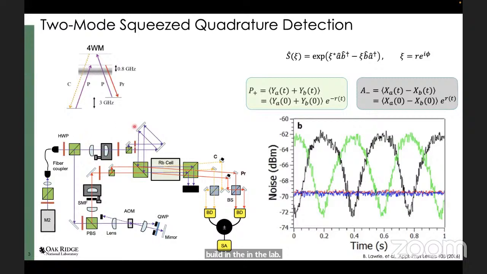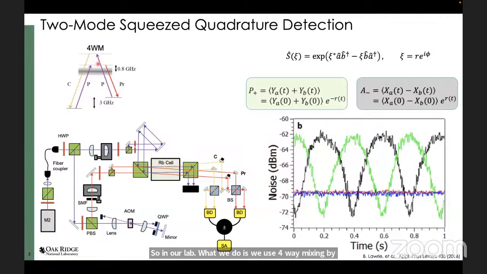To implement this, one large part of the step is to implement a squeezed light source that has interferometric readout. In our lab, we use four-wave mixing by heating up rubidium to form a rubidium vapor.